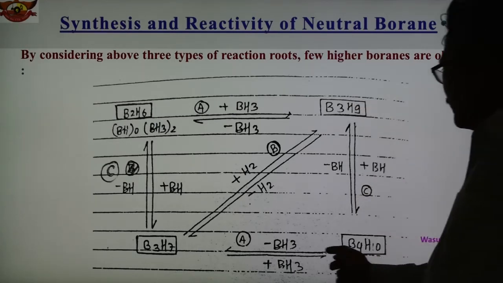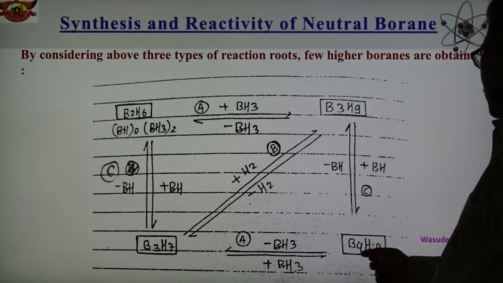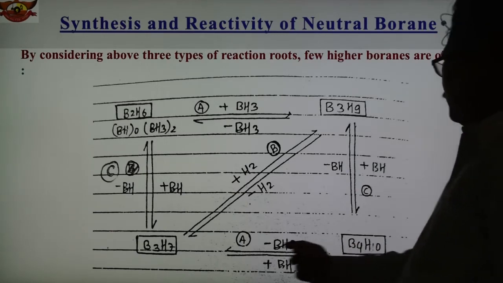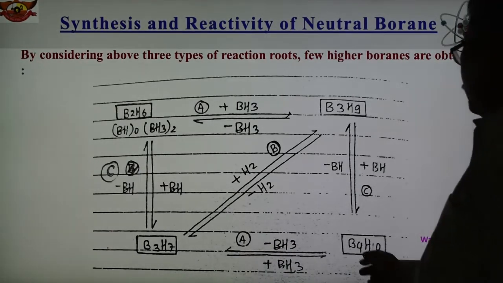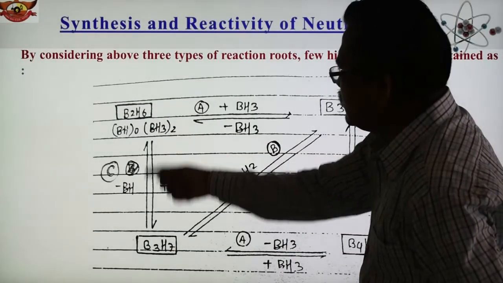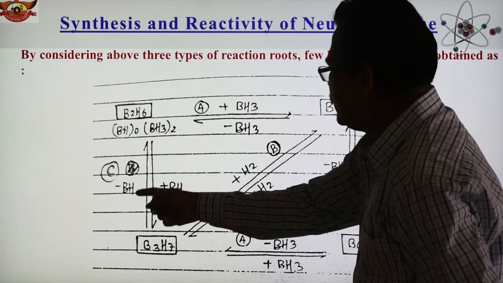From this compound, we add BH3 to get B5, adding and also removing BH3 in this way. In this case, it is plus BH and minus BH.